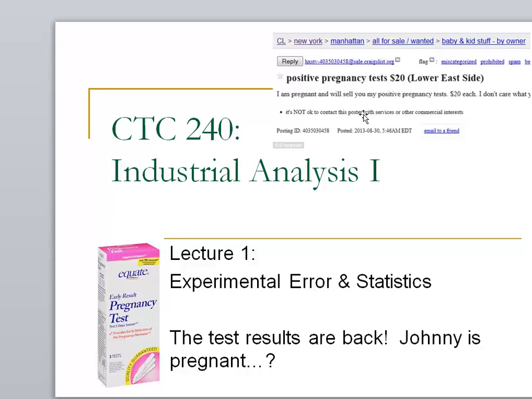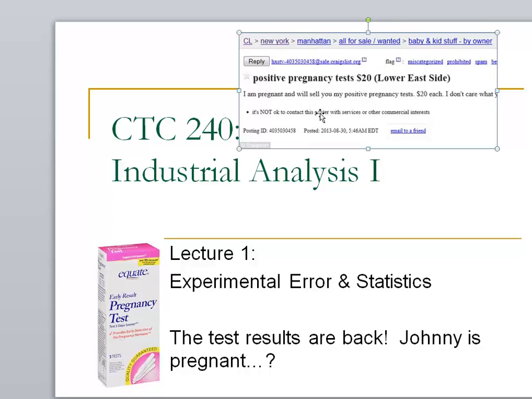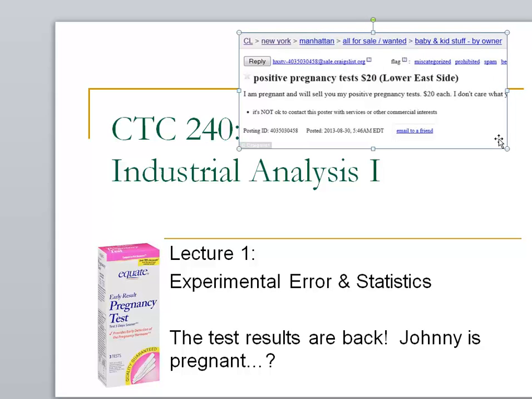What I think is funny is up here at the top, this is a Craigslist ad, and it says, positive pregnancy test, $20. I am pregnant, and I will sell you my positive pregnancy test, $20 each. And the ad went on to say, I don't care what you're going to do with the pregnancy test.